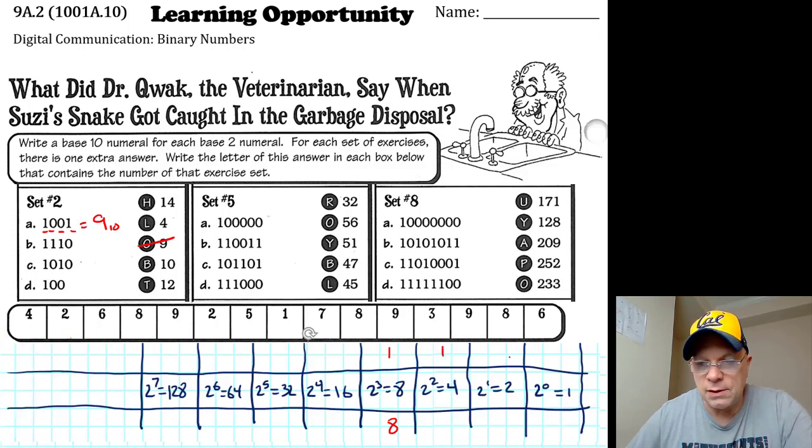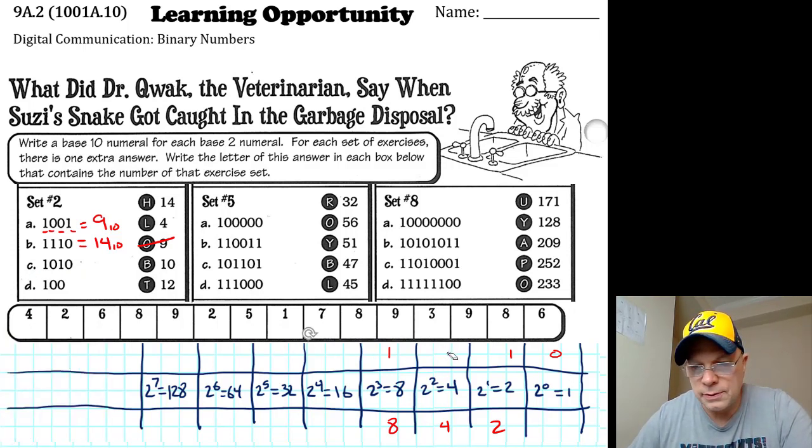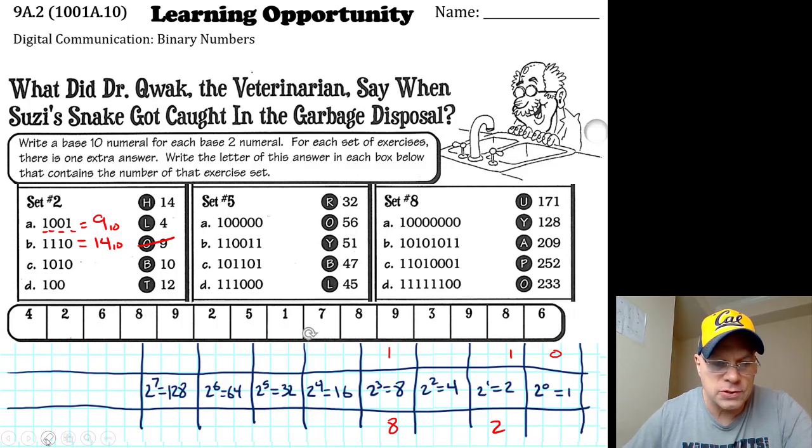So for this one I have an 8, a 4, a 2, and 0 1's. 8, 4, and 2 is 14. This one is 10, but it's 10 because I have an 8 and a 2, and 0 1's. 8 plus 0 plus 2 plus 0 is 10 in base 10.